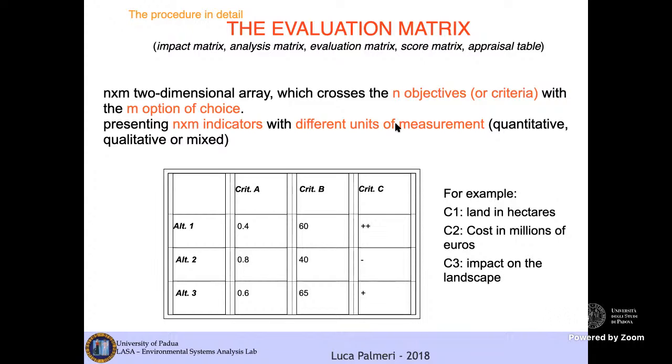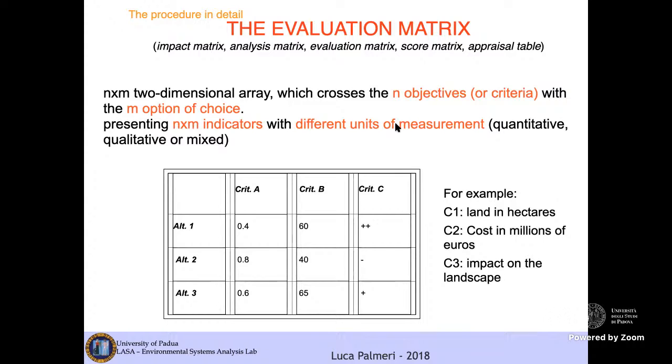An evaluation matrix is an n by m two-dimensional array which crosses n objectives or criteria with the m options of choices or alternatives, presenting n times m indicators with different units of measurement, but may be quantitative, qualitative, or mixed. For example, one criterion may be land expressed in hectares, or another criterion may be the cost expressed in millions of euros.